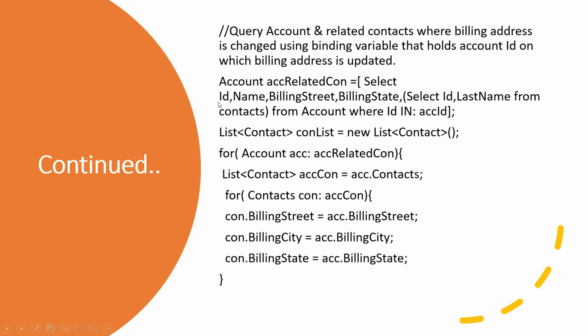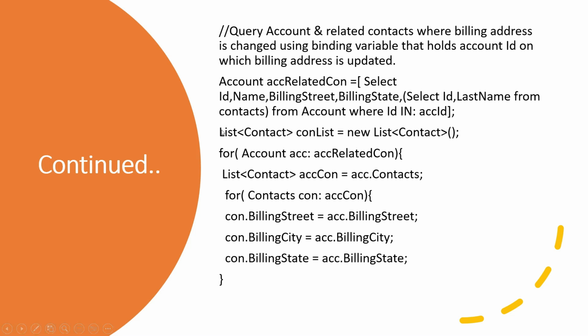What we are doing: select Id, Name, BillingStreet, BillingState, and also, since this is a parent-child relationship, we are querying a subquery on the contact: select Id, LastName from Contacts, where Contacts is the relationship name of the contact object for the account, from Account where Id in accId. From this query we will get all the accounts and the related contacts on which the billing address has been changed.